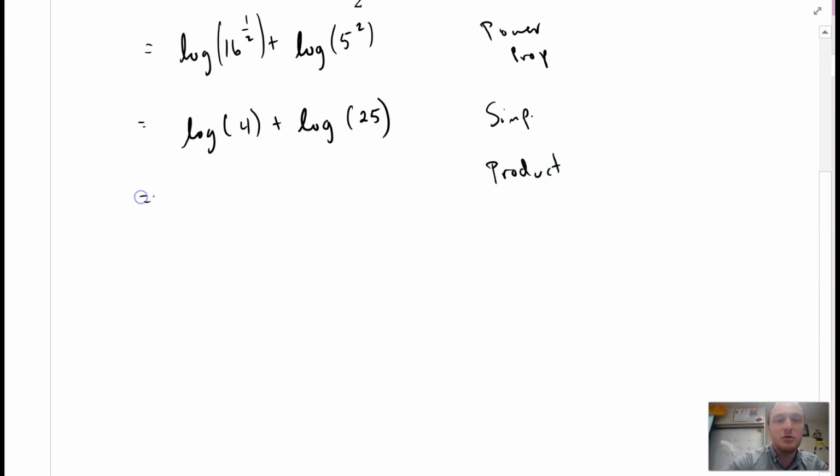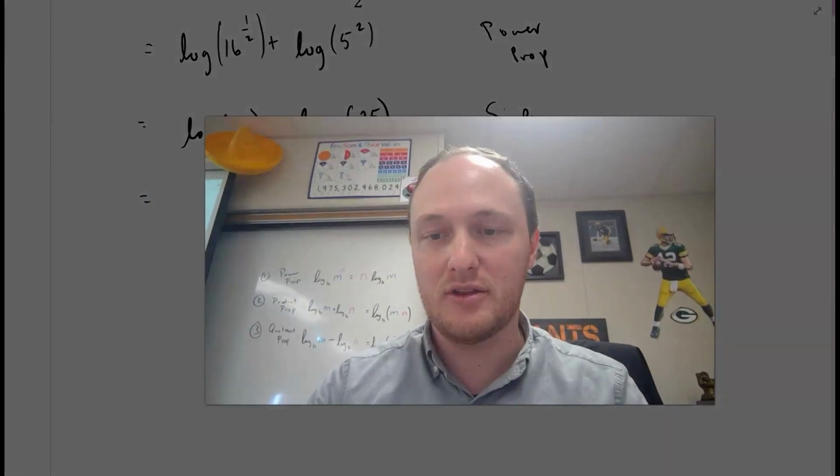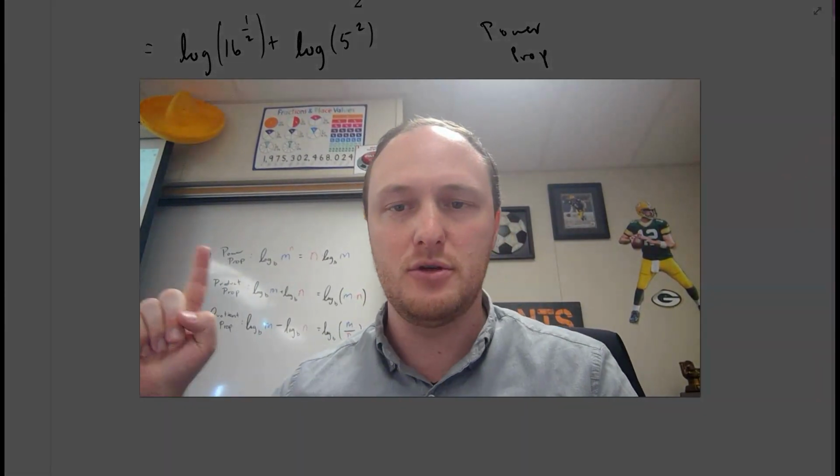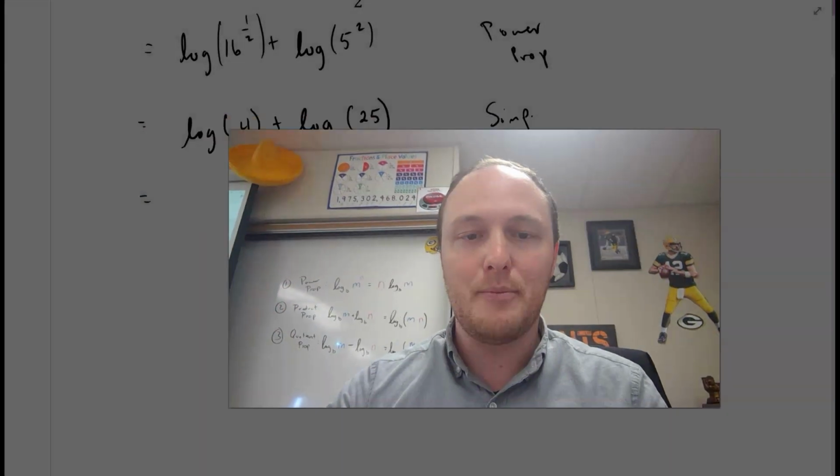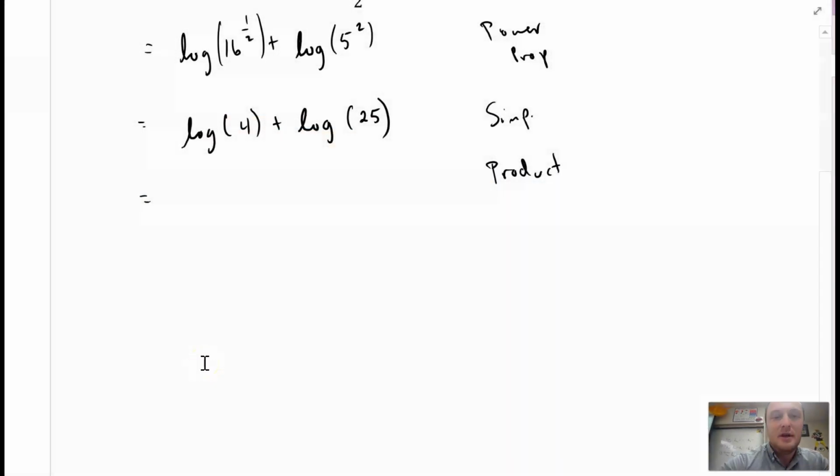I'm adding two logarithms. It's the same base. It's the common log. They both are, right? So step 2 right here, product property. I can combine those. So log of 4 times 25. And this happens to be log of 100.